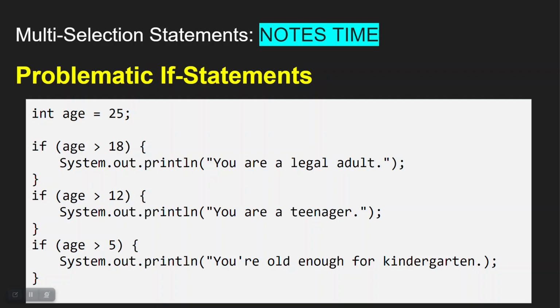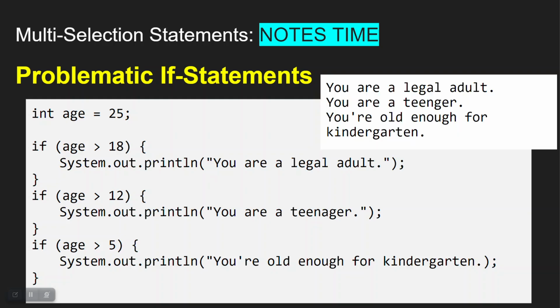So obviously, this is an algorithm that is intended to tell somebody how old they are based on the variable age. But there is a fault in the design, because when you run this as it's currently set up, we're getting all three of them. If int age is 25, then it is older than 18, so it's going to print this.